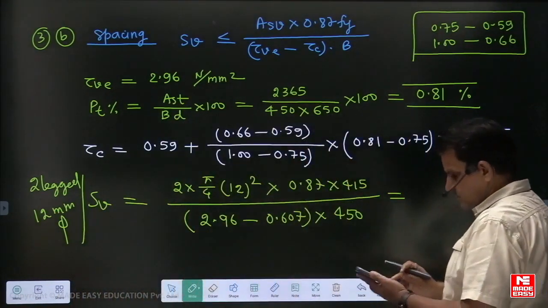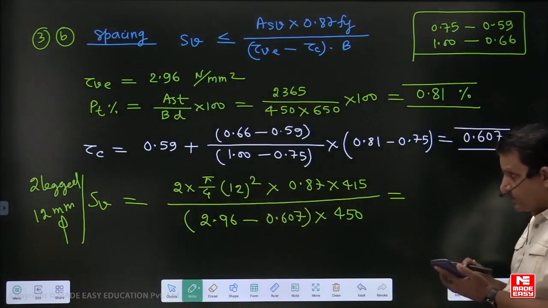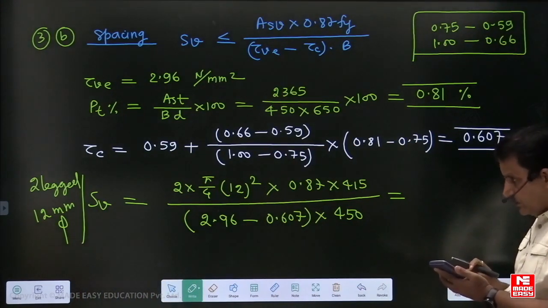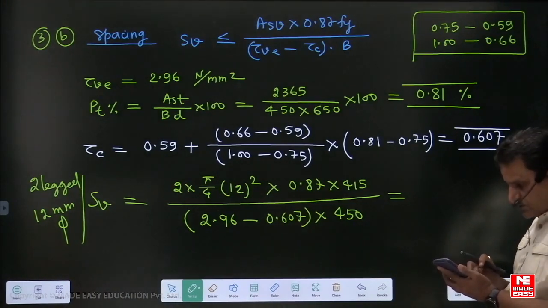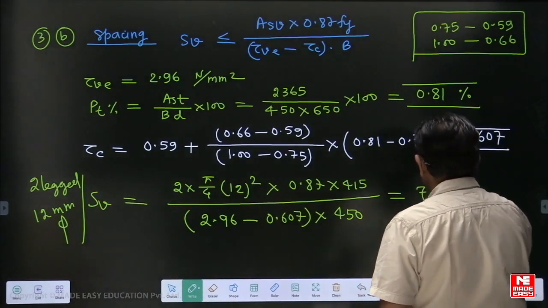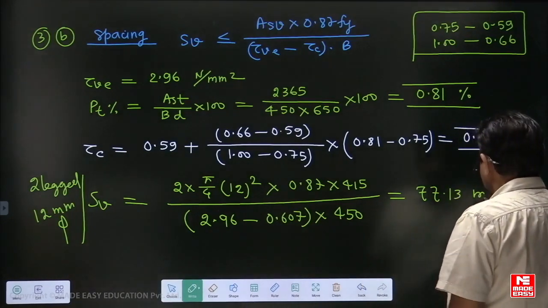So let's see this value, how much? 2 into pi by 4 into 12 square into 0.87 into 415 upon under bracket 2.96 minus 0.607, divided by 450. I am getting the value. See, this is also a very similar value to the previous one, 77.13 mm.